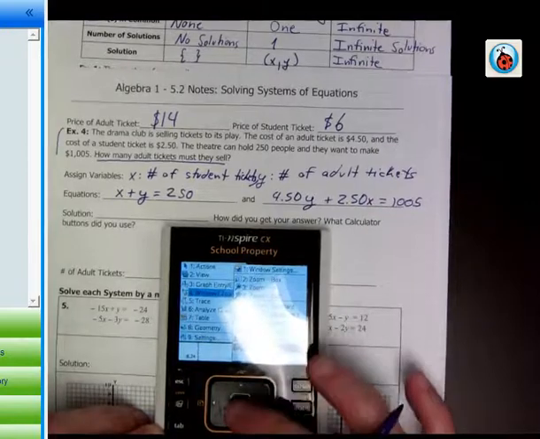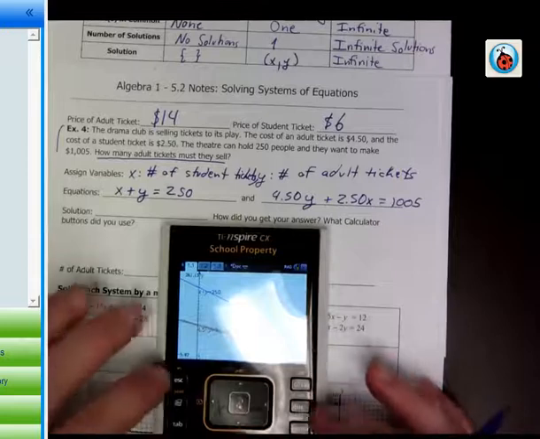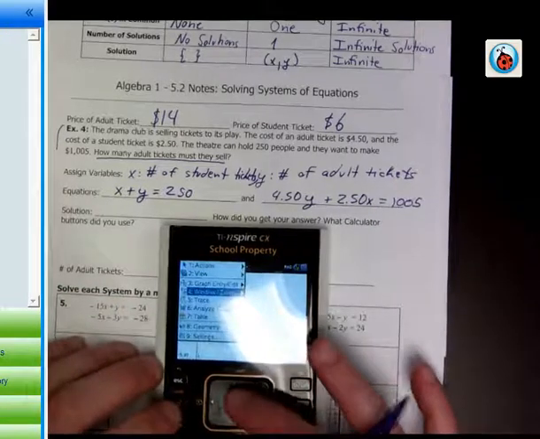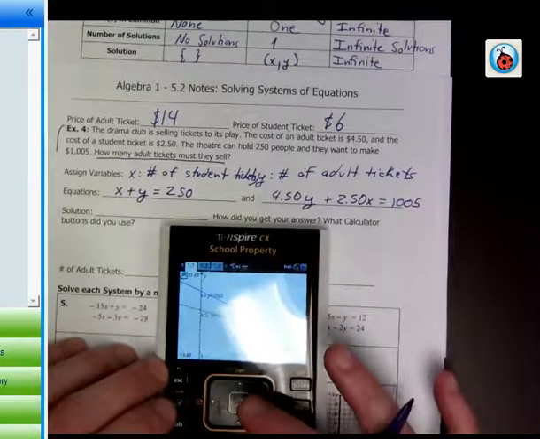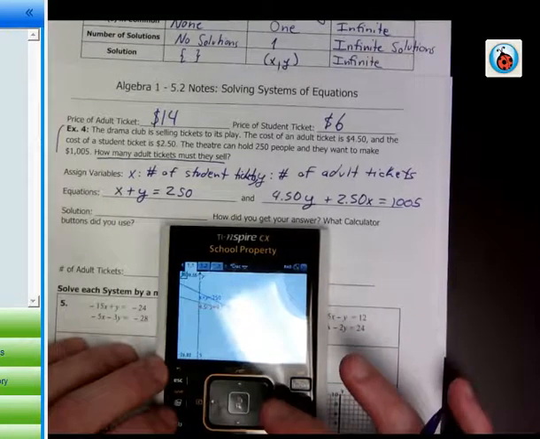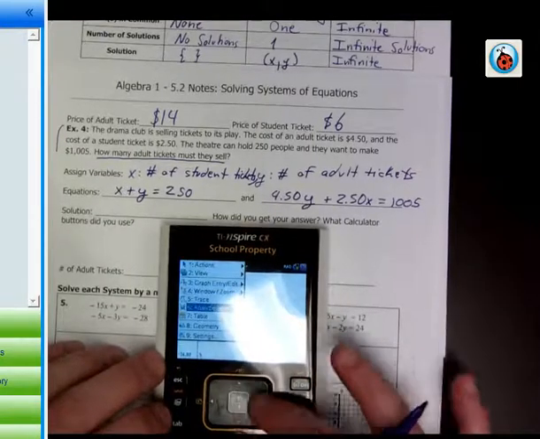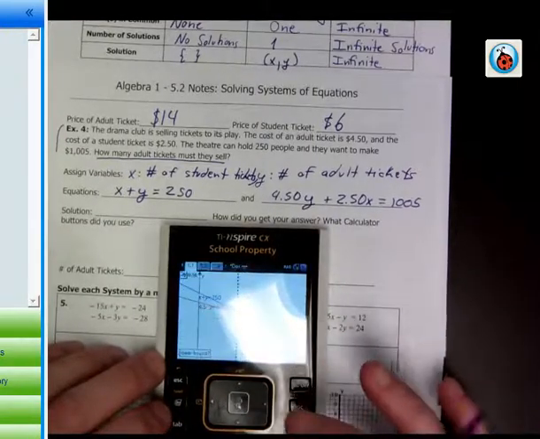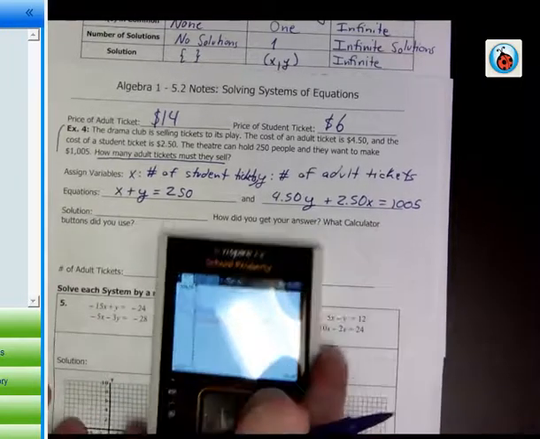Okay, we can't see anything, so I'm going to use the zoom. I'm going to use zoom fit, see if that works for me. Almost. So menu, I'm going to zoom out around here. Okay, so I found the intersection there. And I'm going to do menu, analyze graph, intersection. And this time it's asking you to click on the left, and I don't know why it does that sometimes.